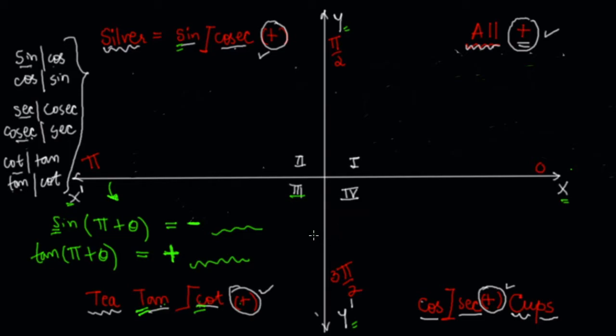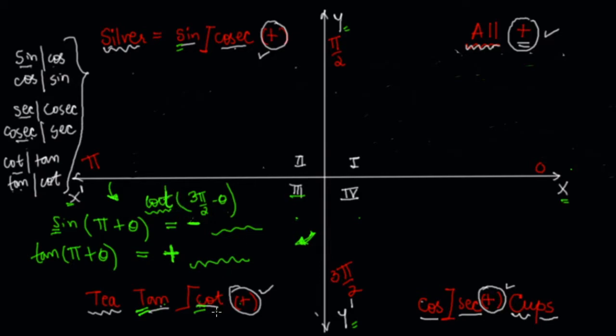Same goes here. Let's look at this as 3 pi by 2 minus theta, right? I'll take the example of cot of 3 pi by 2 minus theta. Now what is 3 pi by 2? It is the vertical line, right? And when I minus theta, it means I am jumping inside the third quadrant. Plus theta, we would have jumped in the fourth quadrant, but we are jumping in the third quadrant. Who is jumping? It's actually cot.